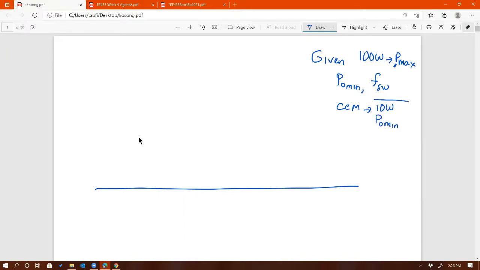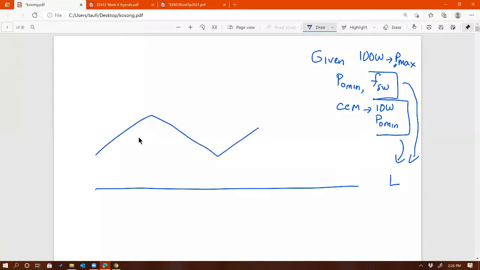Okay. So per given P out min value and switching frequency, I could choose an L value, the inductor that meets those requirements, right? And given the value of L, any value of L would give you a different value of delta IL. So if you choose one L, for example, at 10 watts it could give you this much peak-to-peak ripple, let's say, for L1.